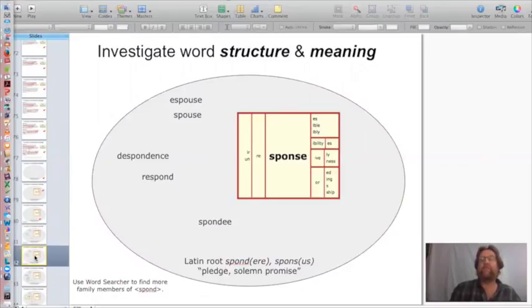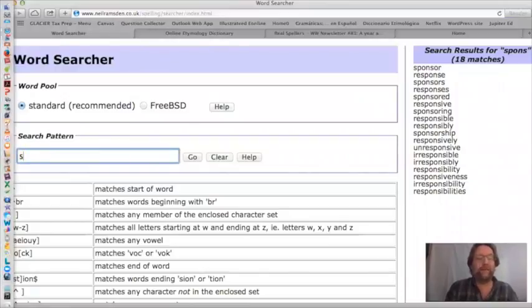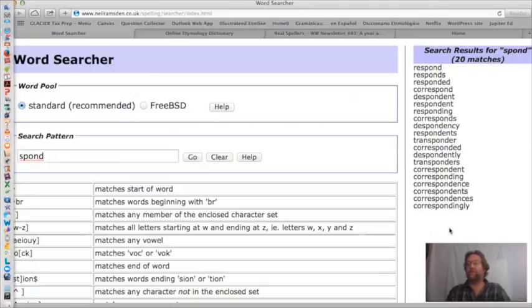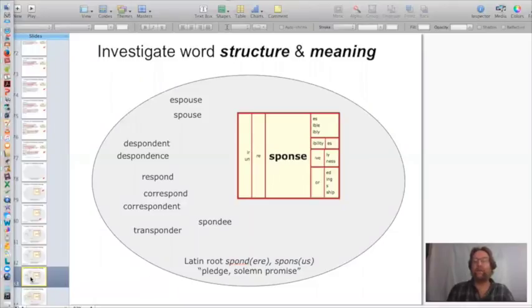But if I want to get more words, I might go to the word searcher and put in spond, because I'm noticing despondence, respond, and spondee, they seem maybe, and I don't know enough about this word, like I'm sensing another possible matrix. So I go to my word searcher, I type in spond, and I get a pile of useful words to investigate. Now I can take from that set of words, and now I add some more.